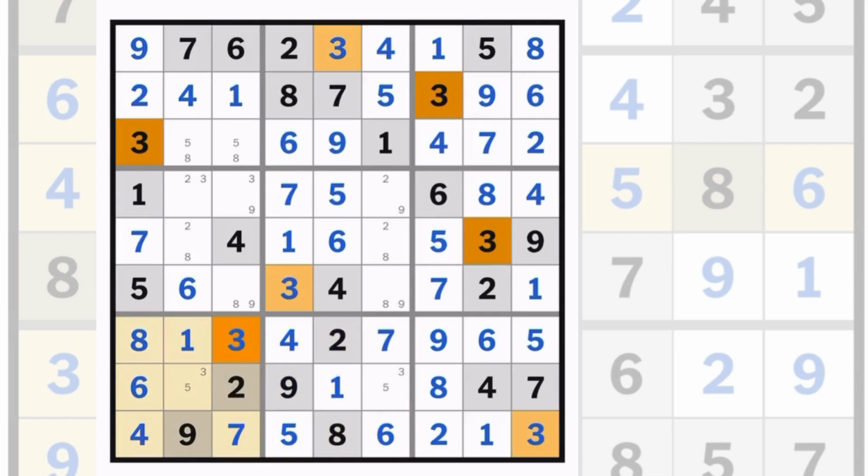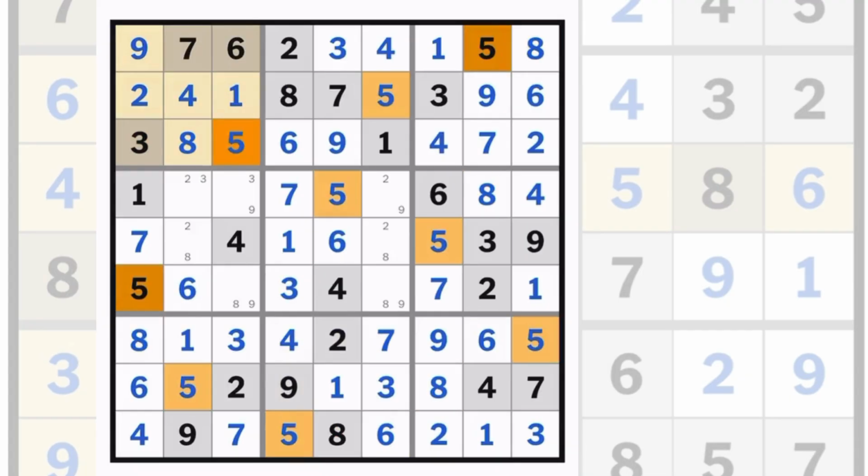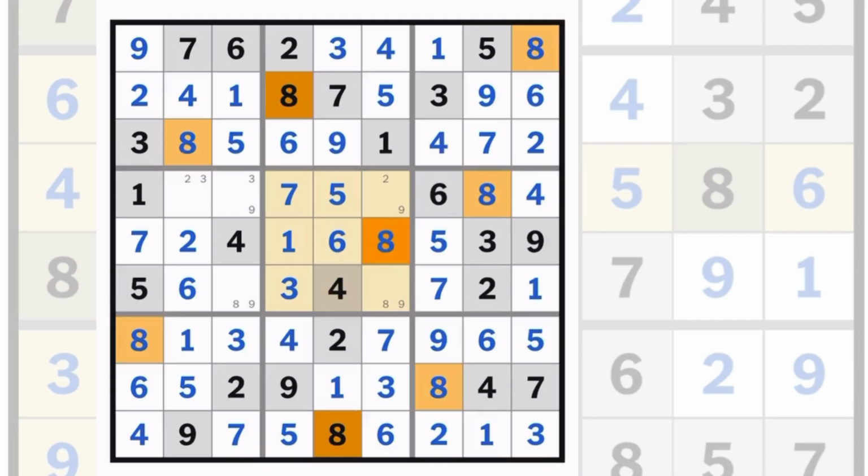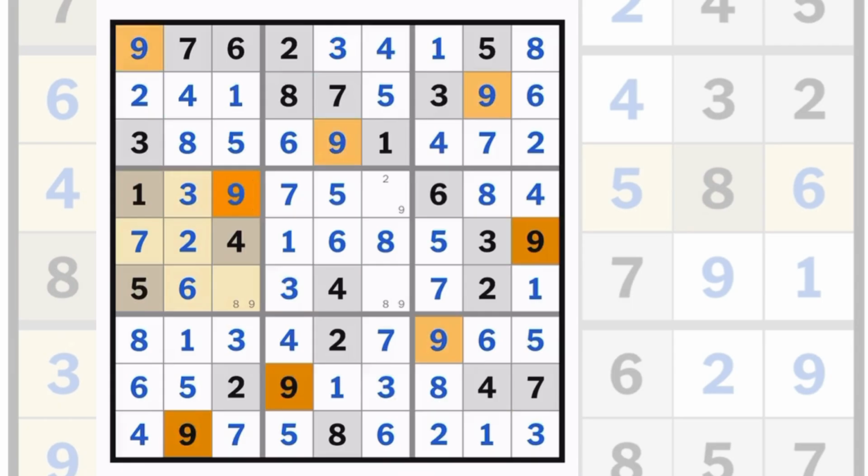This becomes 3. This becomes 5. This becomes 3. This becomes 8. This is 5. This is 2. This is 8. Then this is 3. This is 9. This becomes 8. This becomes 9.